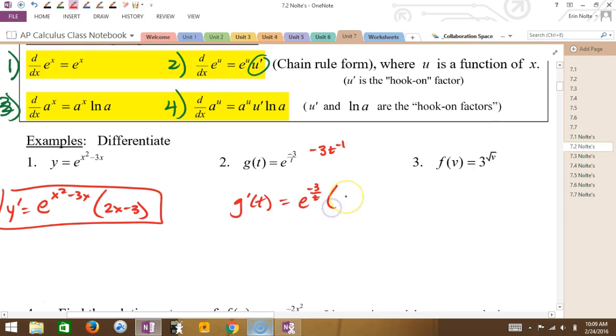So what's the derivative of negative 3 times t to the negative 1? 3 over t squared. I'm thinking it's 3 over t squared. Yeah, 3 over t squared. Oh, 6. I don't know where you added the 2 from. Over t squared. So technically, you can just make that 2 negative. Yeah, your call on if you want to simplify.